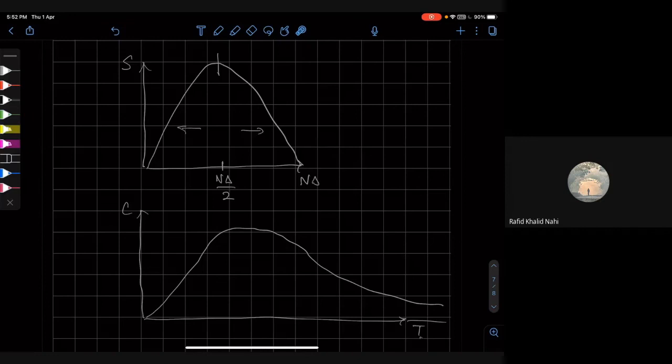So even though we have lots of empty states where that energy can be absorbed and it can flip to a higher energy state, because the entropy is increasing, that transfer of energy is not happening very efficiently.